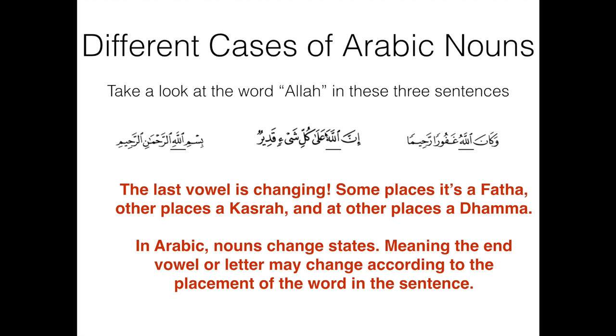You probably heard this before or read it in the Quran, but never noticed that this vowel actually changes. We have Allahu, Allaha, Allahi. So again, in Arabic, nouns change states, meaning the end vowel or letter may change according to the placement of the word in the sentence.